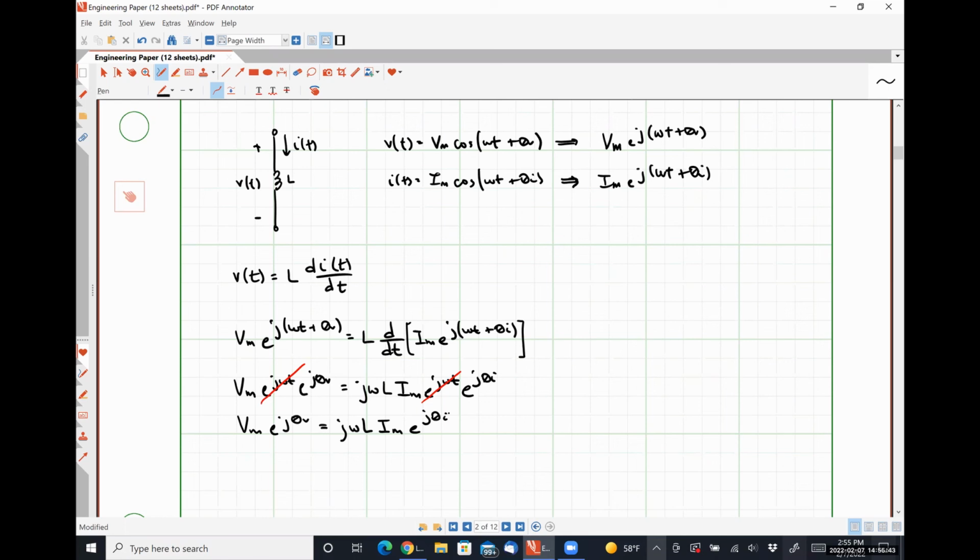So what I want to do real quick is express that j omega L bit as a polar form complex number so that we can do this math more easily. And really the key part of this is figuring out how to express j by itself as a polar form complex number, because omega and L are just constants that are going to just make that complex number larger, right?